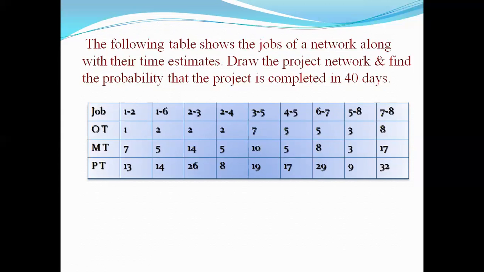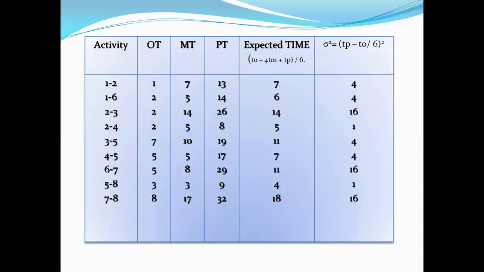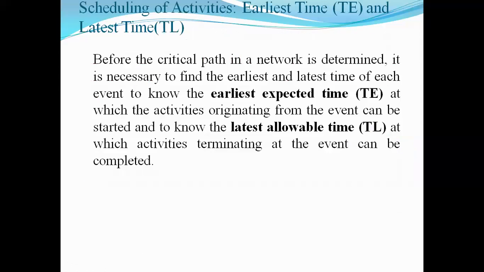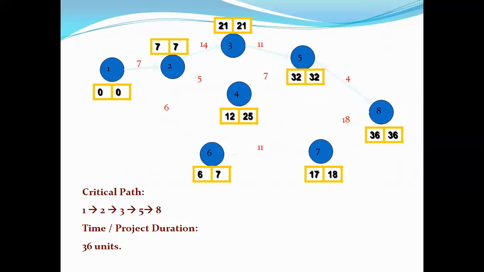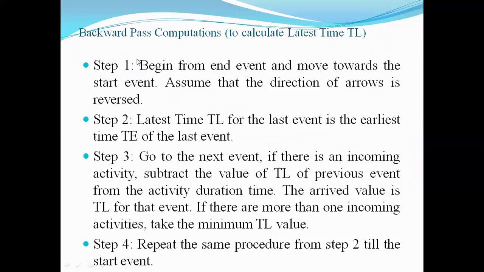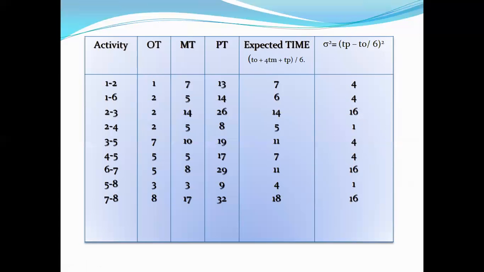Now we take this example. For better understanding of the computation of TL and TE, we first have to draw the network. How can we draw the network? Process number 1, event 1 to 2. And how can we get the activity time? Activity time can be taken from this point. 1 to 2, expected time is 7. Now we draw the activity 1 to 6.